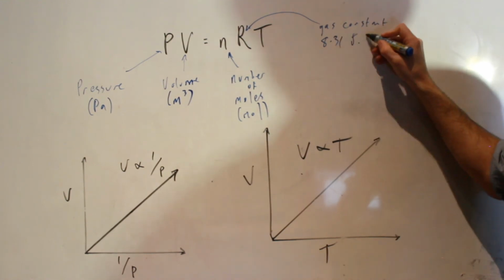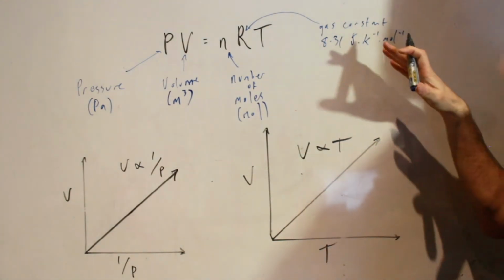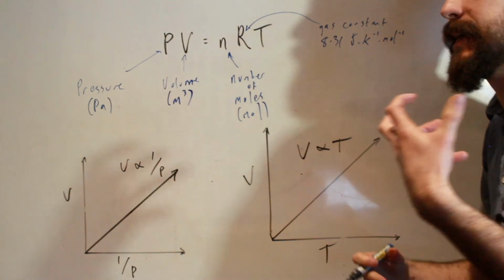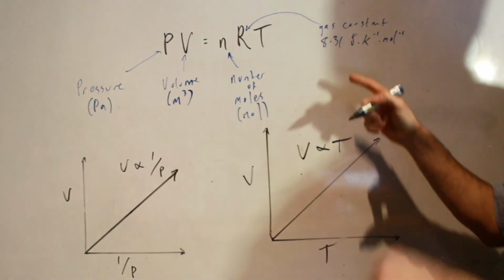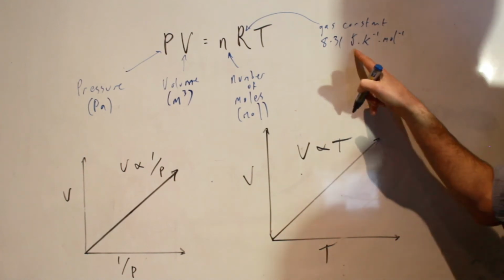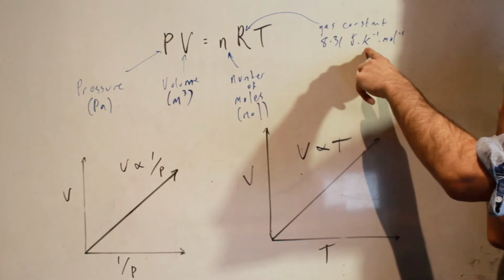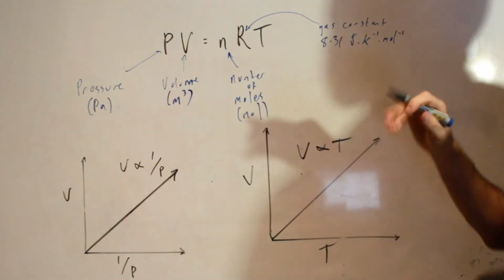Essentially, all this gas constant is doing is mathematically linking our energy to our temperature. So it's saying you need 8.31 joules, and joules is a unit of energy, for every temperature increase, for every mole. But we can just remember it as this value.